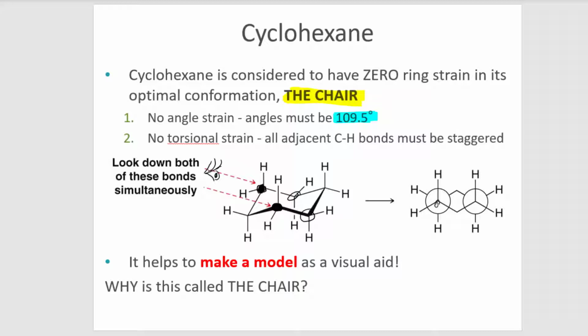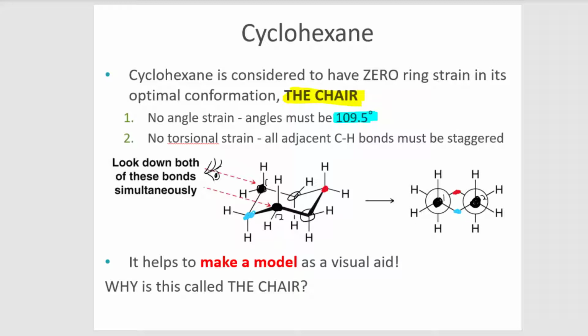So that means carbon 1 and carbon 2. If you look down those carbons, you'll see that there's a carbon in the middle. So the carbon in the middle of your vision dips down, and you can see that the carbon behind in the back that dips up is this one that you're seeing in the back.